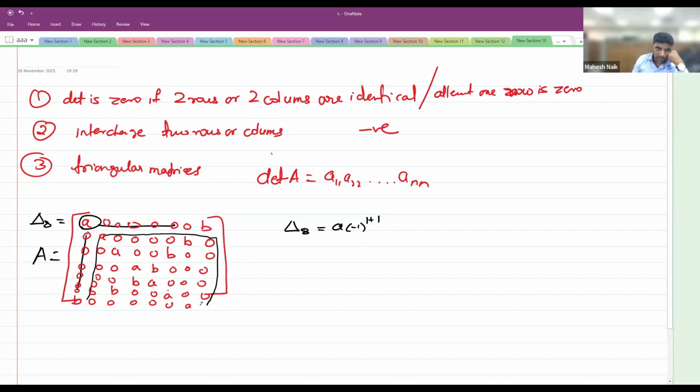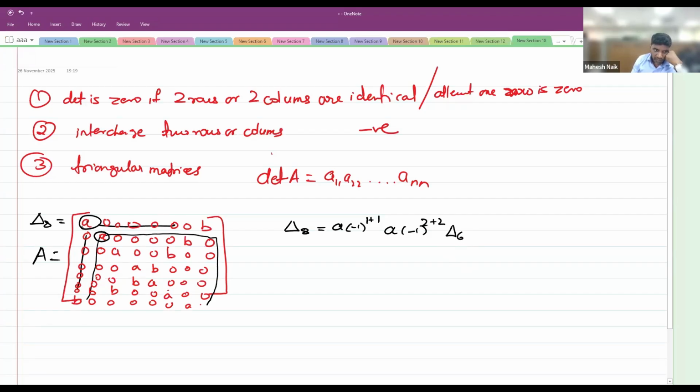Again, for this submatrix of order 7, I will be expanding along a. It will be a multiplied with minus 1 raised to 2 plus 2, since the position is second row, second column. What remains is a smaller matrix of order 6, so let's say that is delta 6.